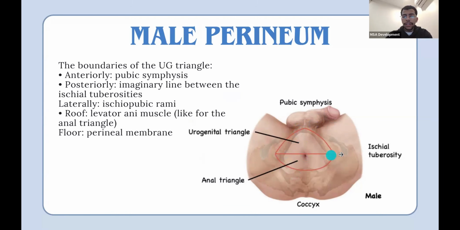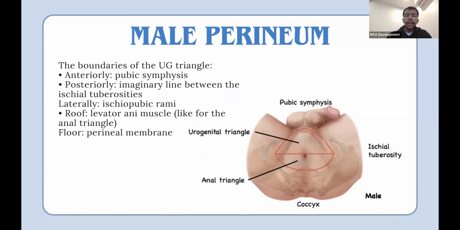And towards the side here we have the two ischial tuberosities. We said that the ramus between the ischium and the pubis is called the ischiopubic ramus. That's the lateral border of the urogenital triangle. So laterally we have the ischiopubic rami, anteriorly we have the pubic symphysis, posteriorly we have the imaginary line between the two ischial tuberosities.